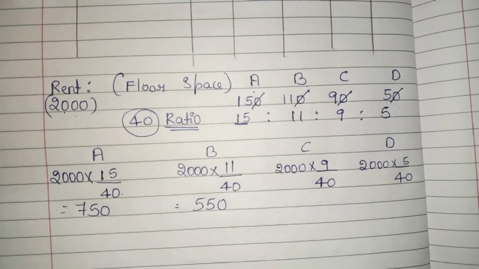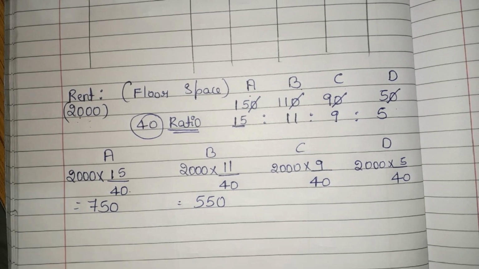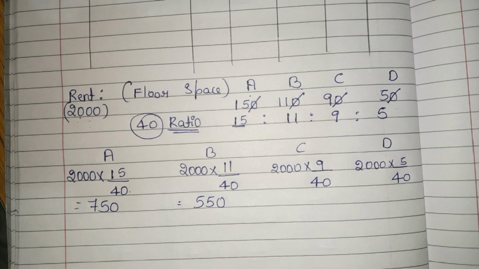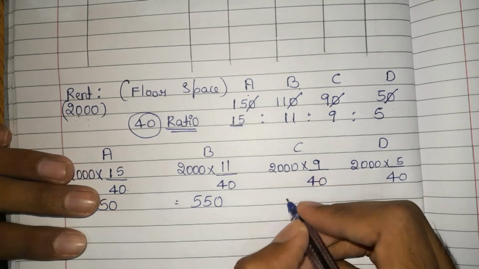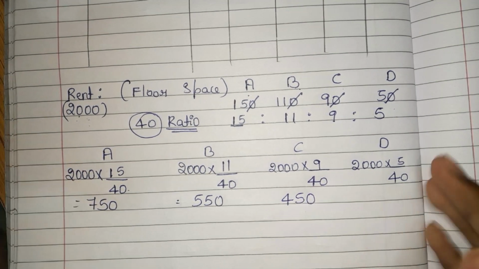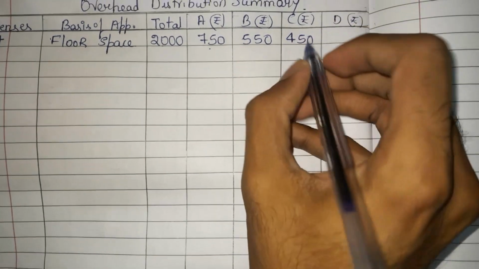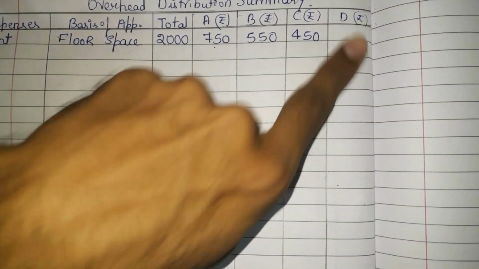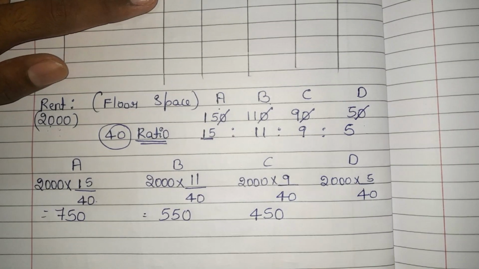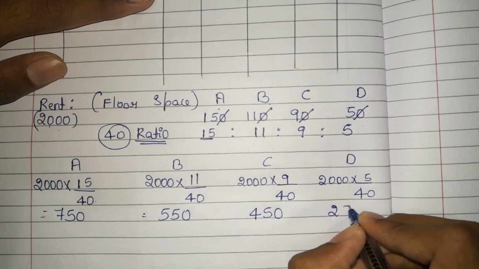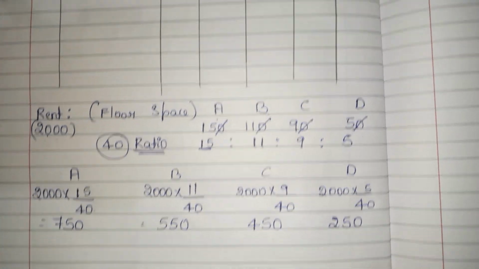Next we need to calculate for C department. C department is how much? 2000 into 9 divided by 40. It will be 450 rupees. So for C department it is 450 rupees. Next for D department it is 2000 into 5 divided by 40, which will be 250 rupees.